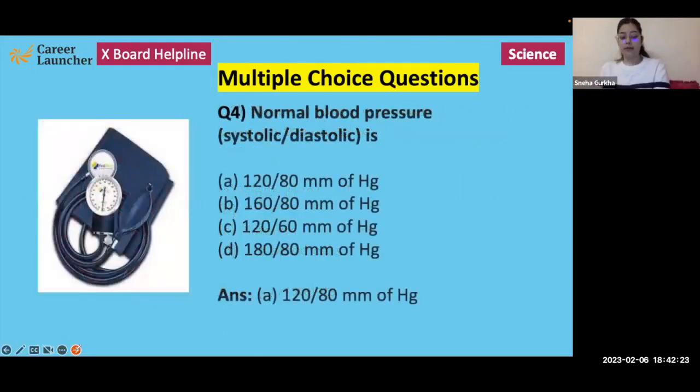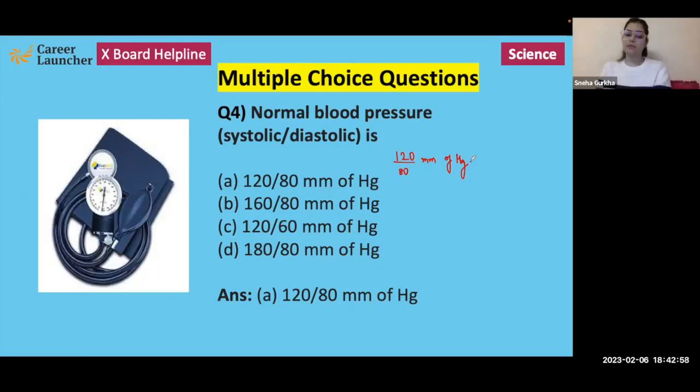Moving on to the next question. Normal blood pressure, systolic by diastolic, is? We know that blood pressure is given in the form of systolic pressure upon diastolic pressure, and the normal range of blood pressure which is accepted for a healthy individual is 120 by 80 mm of Hg.